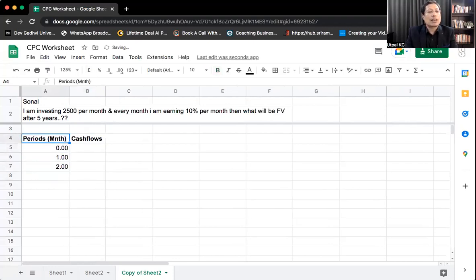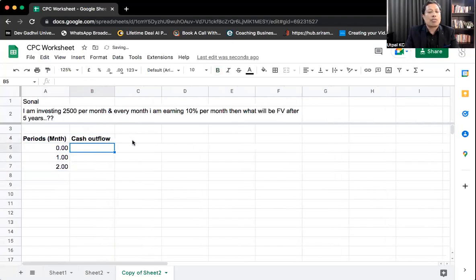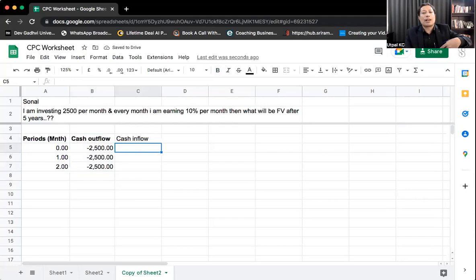Investing means cash outflow. I am making cash outflow and cash inflow because this looks slightly complicated. So you are making minus 2,500. Okay, I'll write, so this way you will go, 2,500 per month.